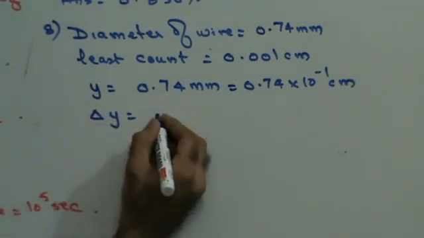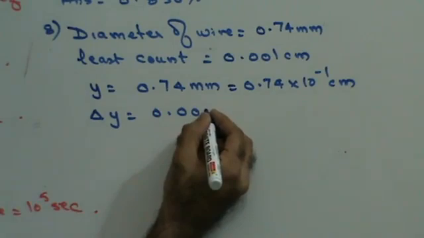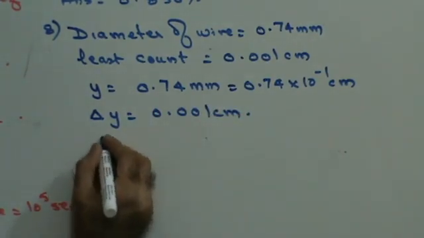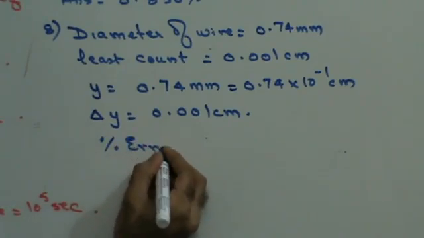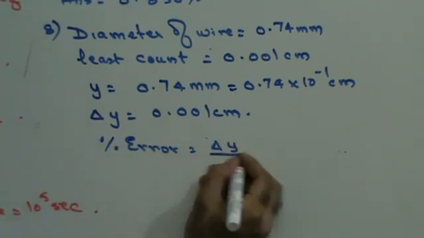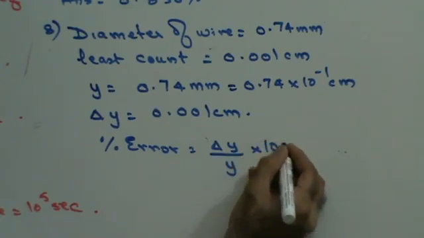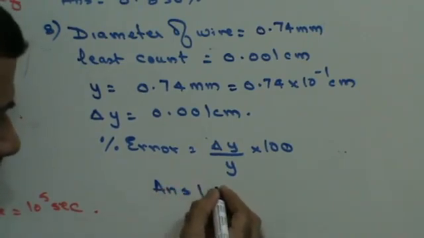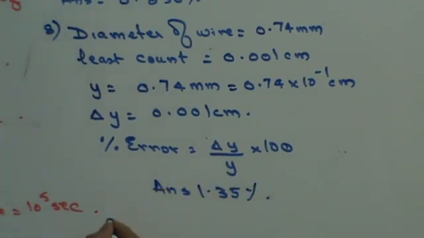Least count is the error in y, 0.001 centimeters. They have asked you to find the percentage error. Percentage error is least count divided by reading into 100. You can do your calculation and get the answer. The answer for this should be 1.35%.